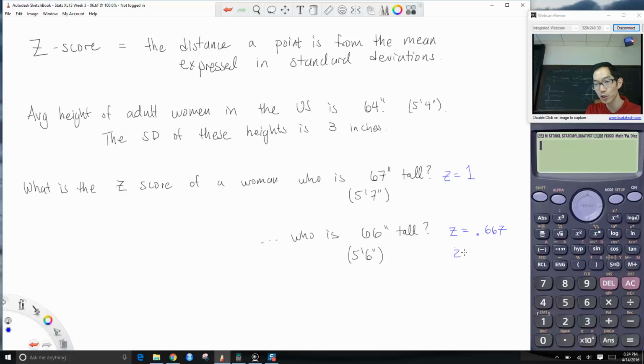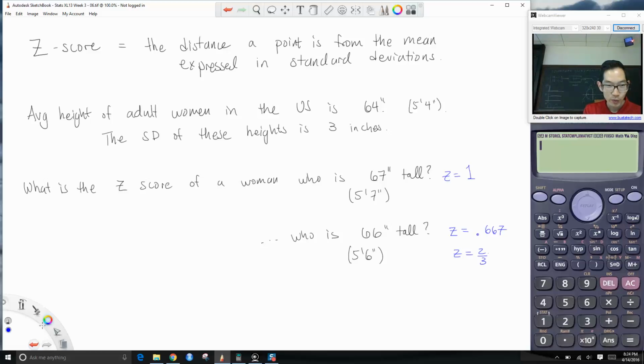Her Z-score would be 2/3, because she is 2 inches above the mean, or 2/3 of a standard deviation above the mean. Is that good with everybody?